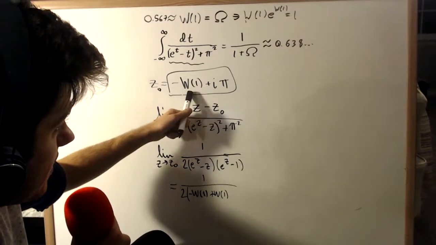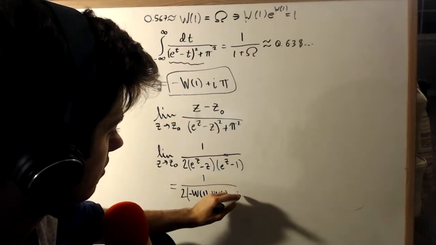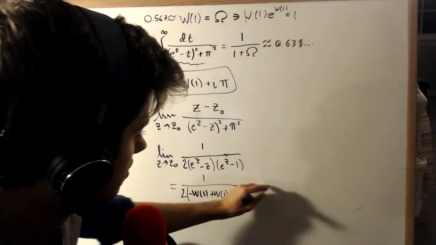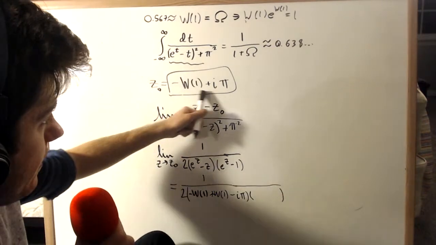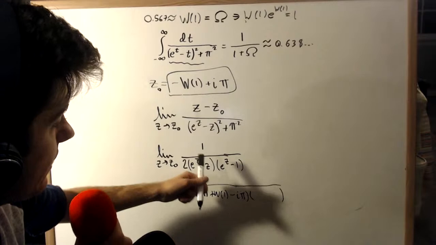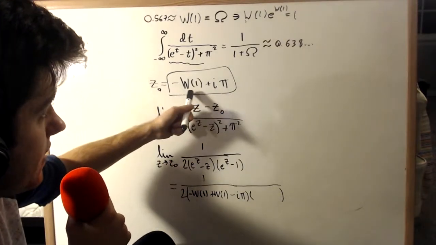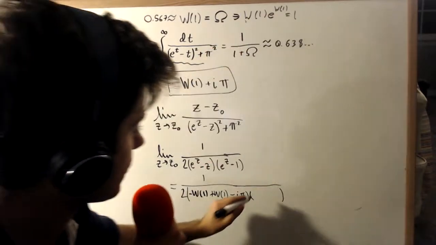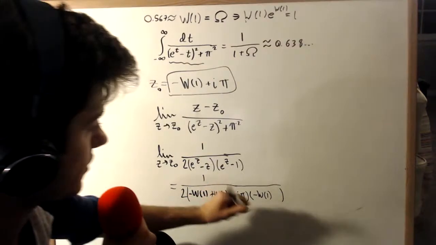So that's plus, and then minus i pi. And then we have to fill in this one. And so we're plugging this in again for z here. And we get e to the i pi is -1, and e to the negative W of 1 is W of 1. So we again get negative W of 1 minus 1, right?